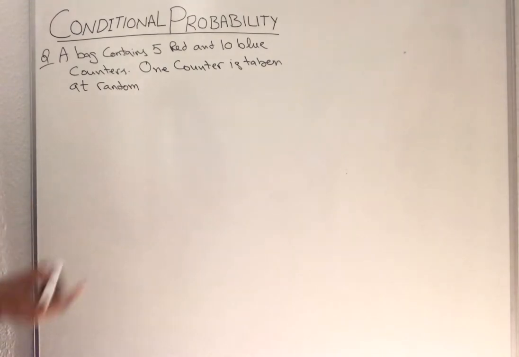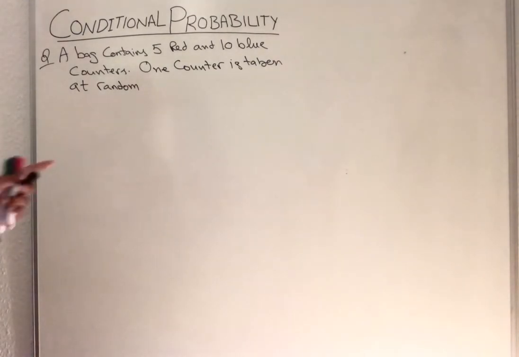So this question is linked to our first example, which we have done before. At random means they can select any one of them randomly, because they don't know whether the red one or the blue one is going to be selected. That's what at random means.